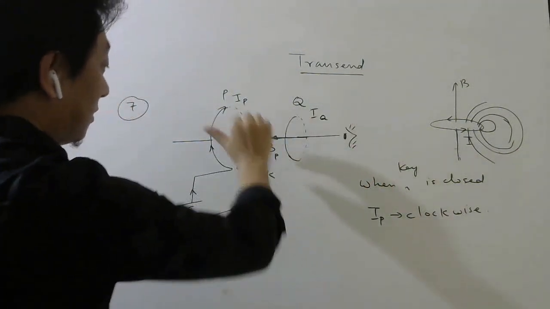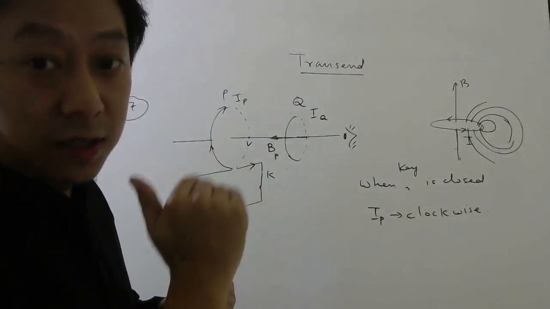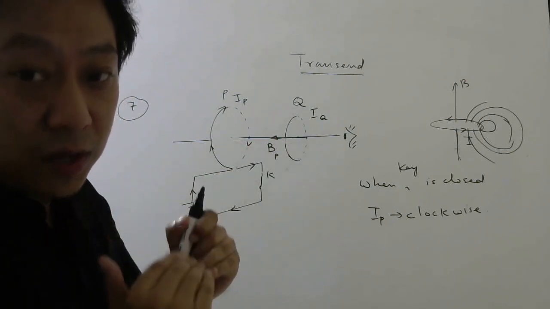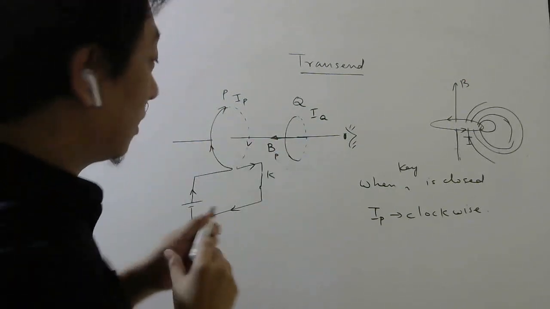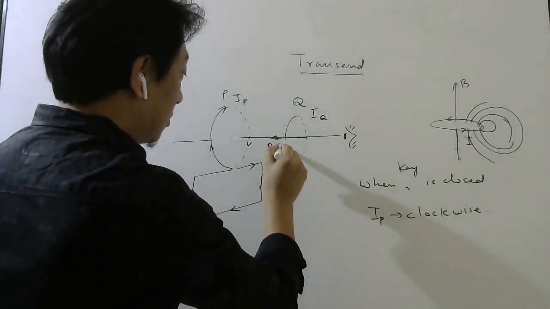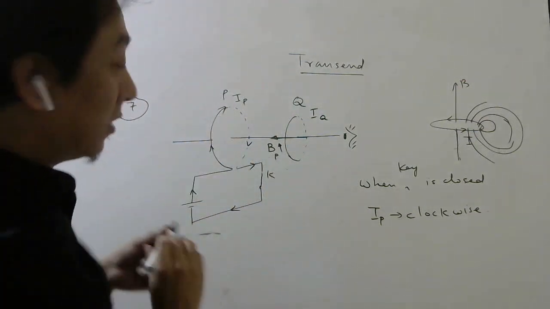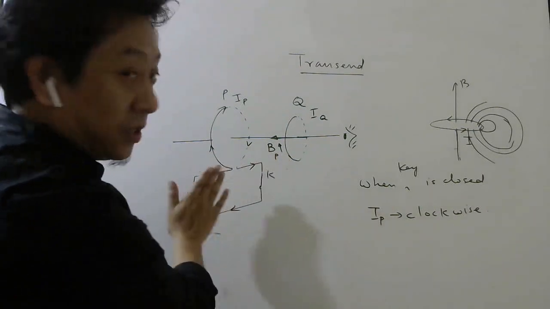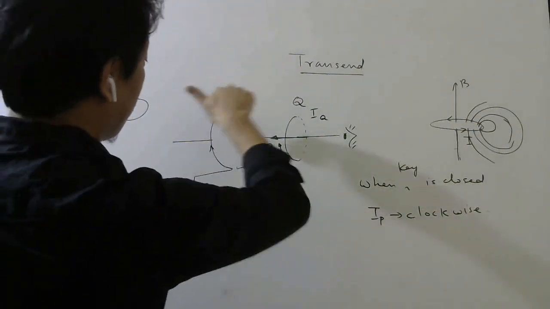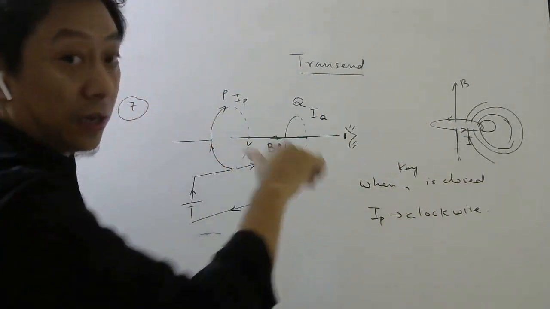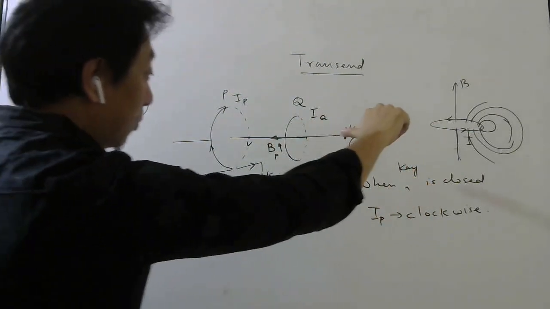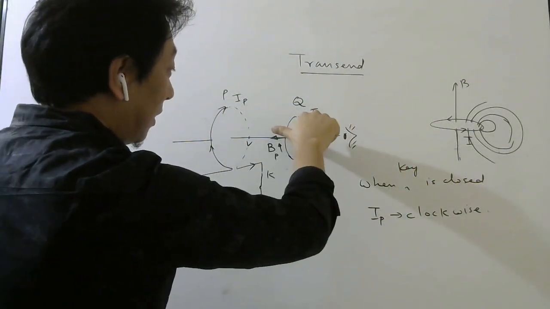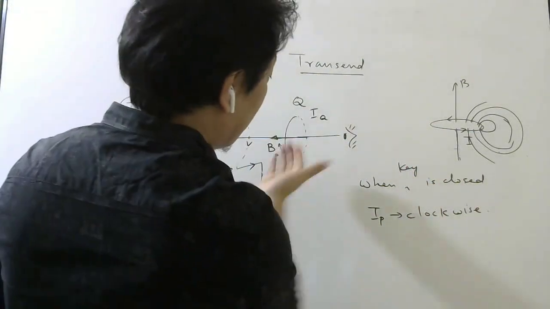Since the key is closed, current will increase from 0 to something. So magnetic field will also increase, because there was no magnetic field before when this was open. The moment it is closed, current will flow this way, so magnetic field will be this way, and it will be increasing. To oppose this increasing magnetic field, current here should flow this way.